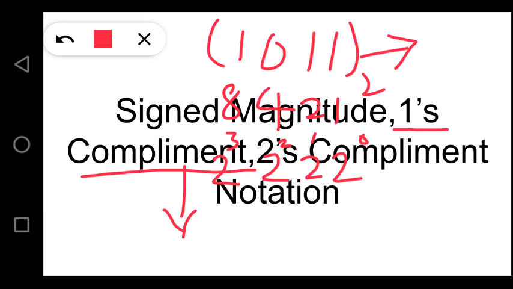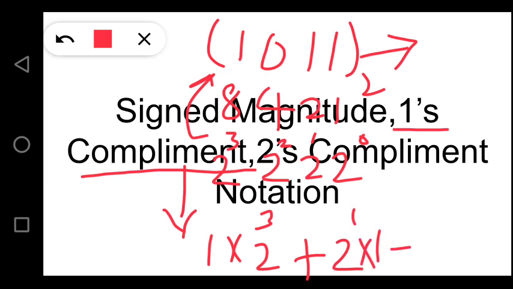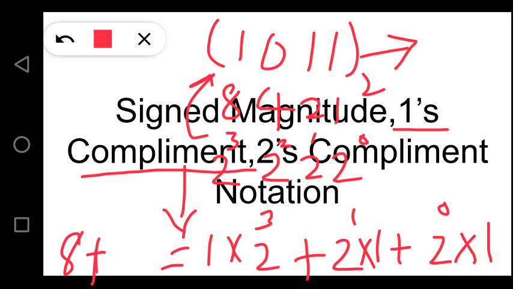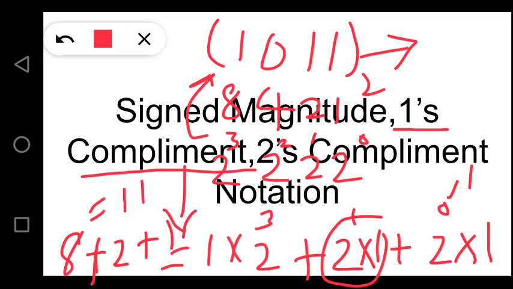So here, since at 2 power 3 position we have a 1, 1 into 2 power 3 plus 2 power 2 into 0, 0, plus 2 power 1 into 1 plus 2 power 0 into 1. So 2 power 3 is nothing but 8, 2 power 1 into 1 is 2, and 2 power 0 into 1 is 1, so the number is 11.